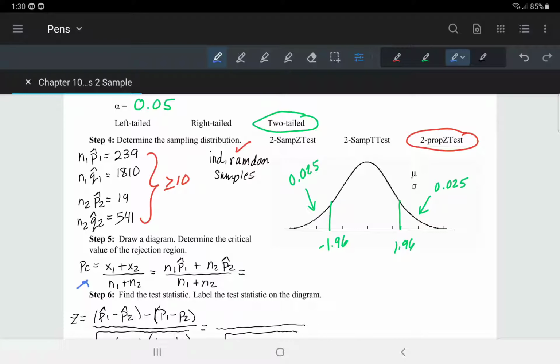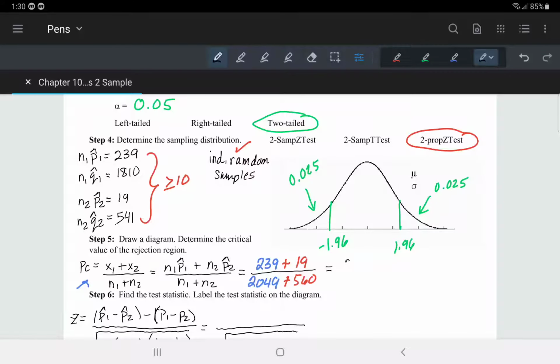So n1 p1 is 239. Then we'll add that to n2 p2, which is 19. And then we divide by the total number in the samples. For n1, there were 2,049, and for n2, there were 560 in the sample.